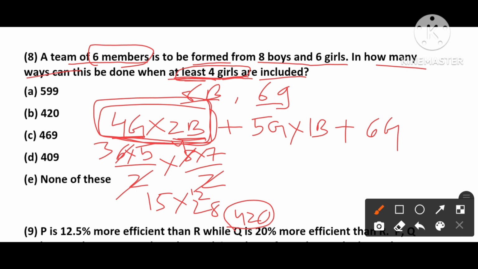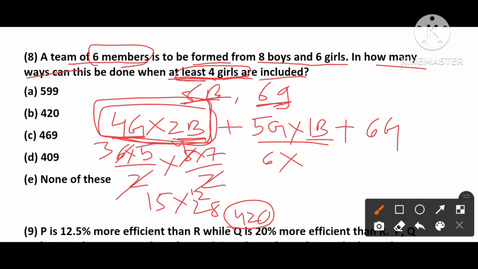Okay. Next we need to find this one. 5 girls from 6 girls. So how many ways we can take is 6C5. Instead of 6C5 we can take this as 6C1. 6C1 means our value will be 6 divided by 1. So we got the value of 6. 1 boy from 8 boys.